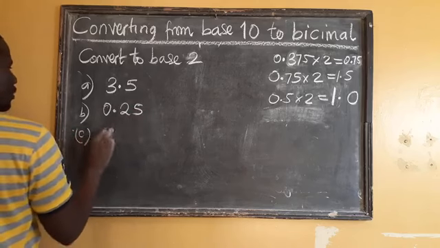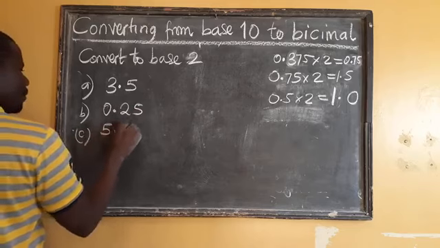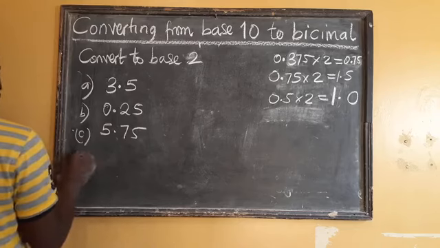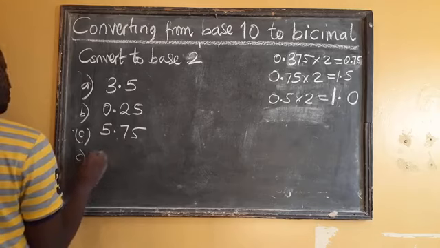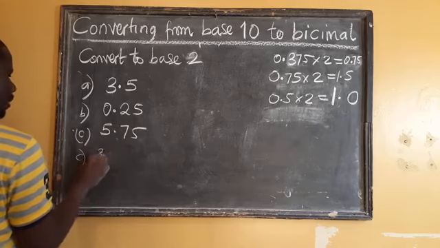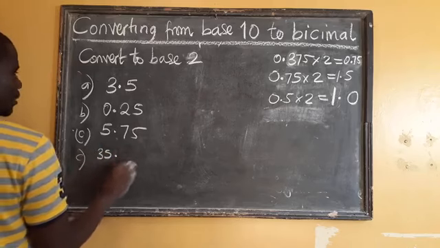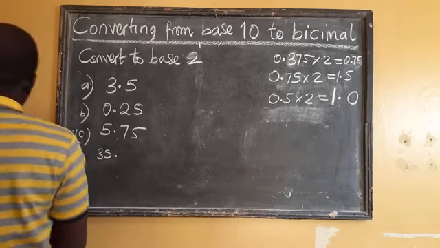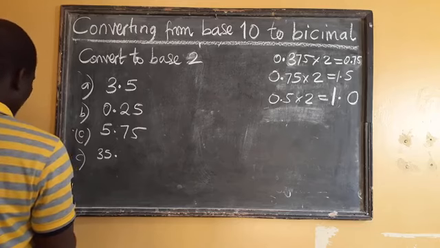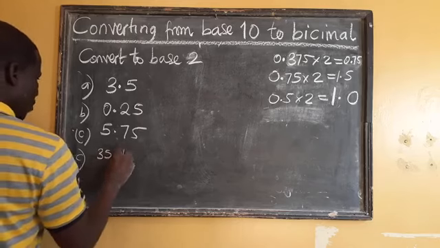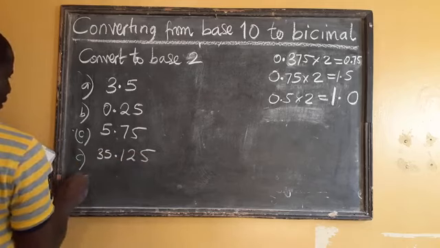C can have 5, comma, and D can have, maybe we say 35, comma, 125.